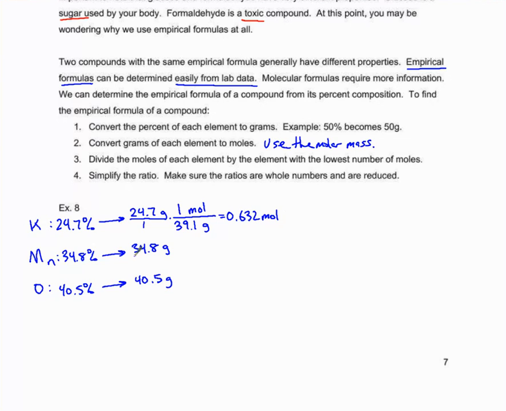We'll do the same thing with manganese. Manganese on the periodic table, 54.9 grams. And putting it in the calculator says 0.634 moles.